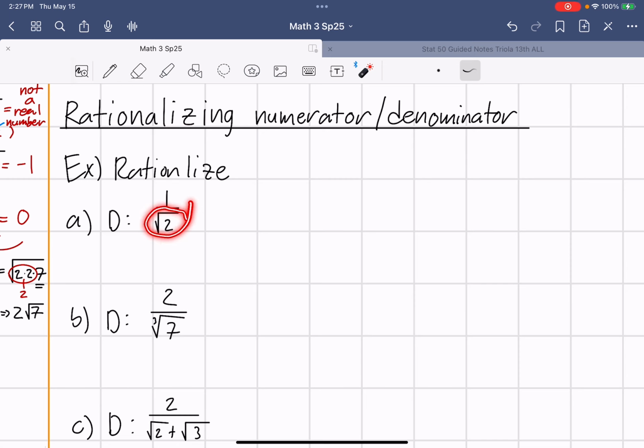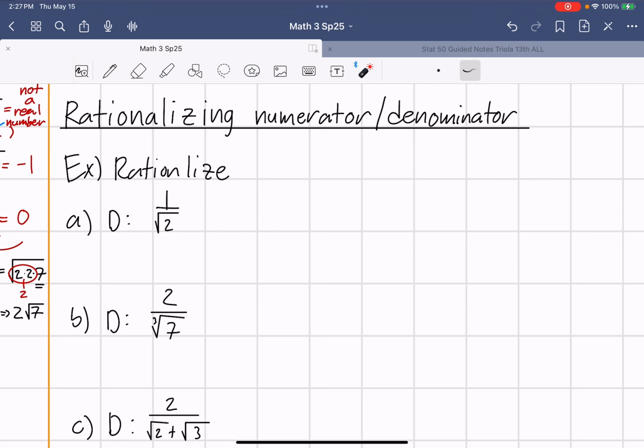So square root of 2 is an irrational number, and I want to rationalize the denominator here. That doesn't mean I'm eliminating all the radicals. I'm just eliminating it from the denominator. Now, the denominator would need an additional 2 for this to simplify.